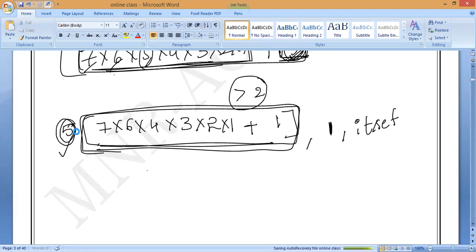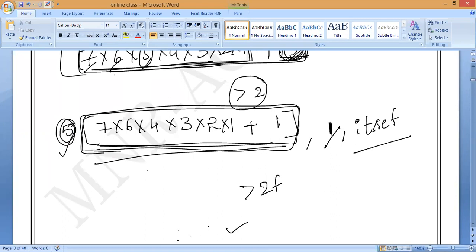One is 5, and this number, 1 and itself. Do you understand or not? More than 2 factors, so it is a composite number. Therefore, the given number is a composite number. Clear? Any doubt? Anybody please ask.